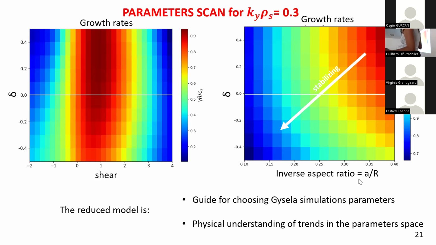Here, I'm not detailing it for reasons of time, but we have a physical understanding of the trends, and we use this framework to guide us in choosing Gisela simulation parameters, because Gisela is a full-F global code, which is quite heavy to run, so we need a guide for choosing the parameters before running a nonlinear simulation.